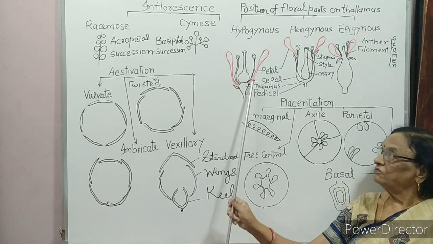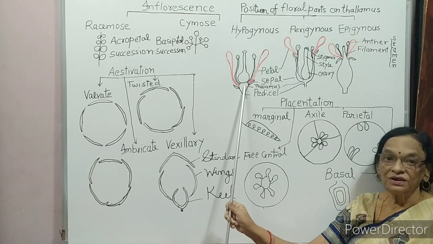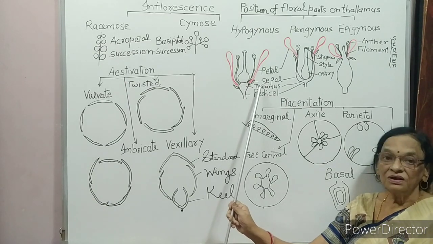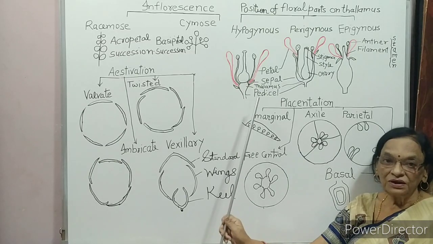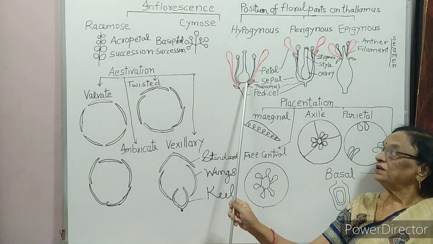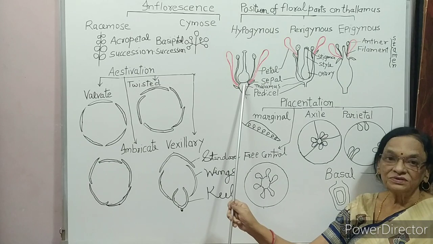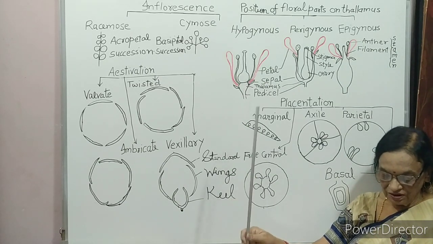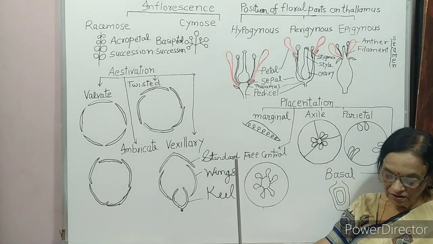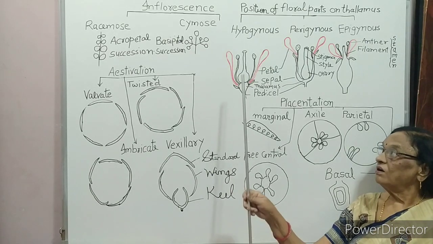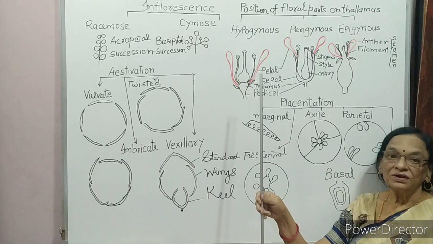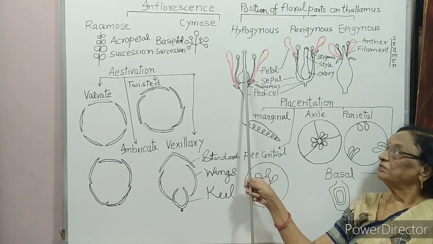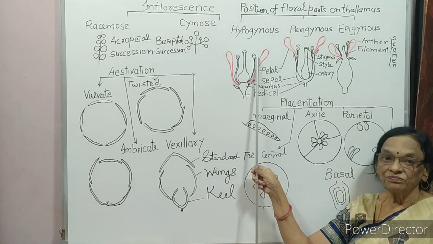The pedicel forms a swollen axis at its tip. It is called thalamus. Now, the flower is called bisexual if it has both gynoecium and androecium.